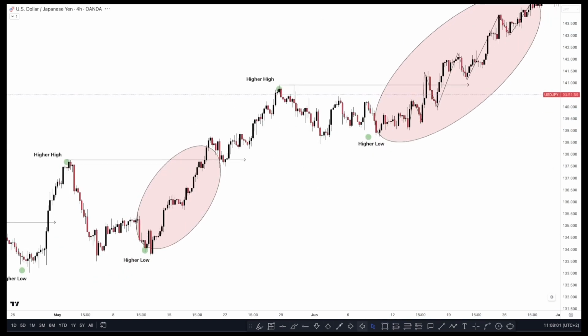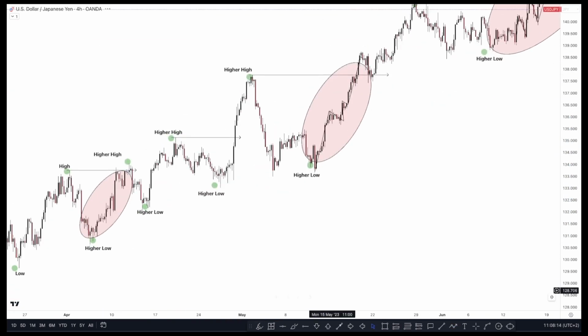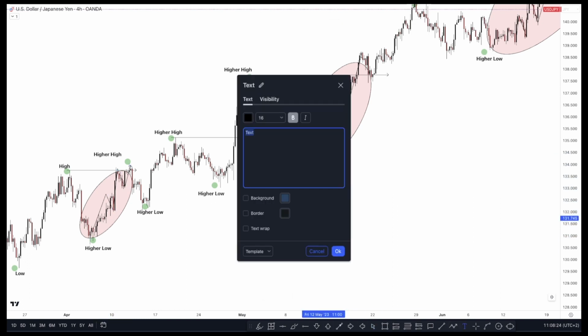Same thing with just here, and sometimes you just have to zoom in to see the structure clearly, but you can see that this is what happened. And the more you train your eyes into seeing this, the easier it will be for you to open a chart and say, oh, we are in a bullish trend and I am going to be looking for buys. And I think that's one thing I forgot to talk about.